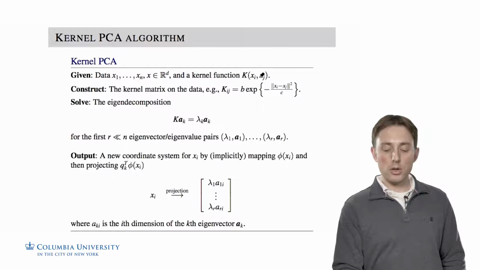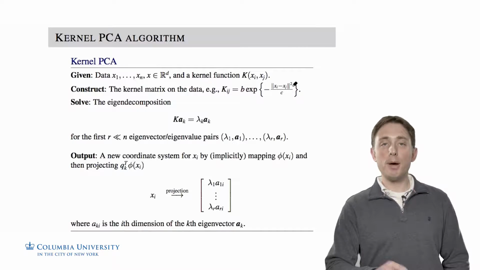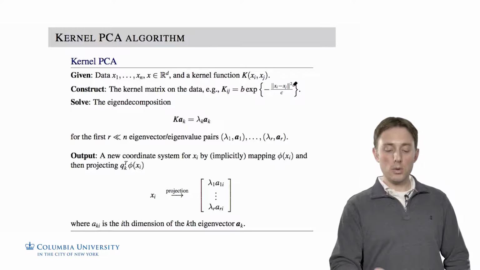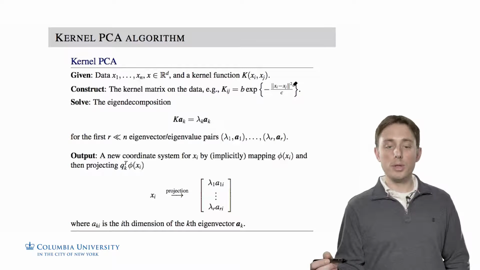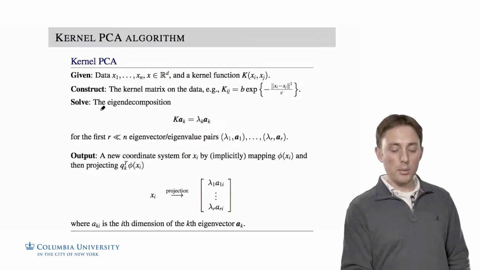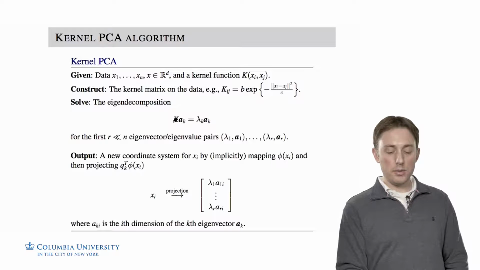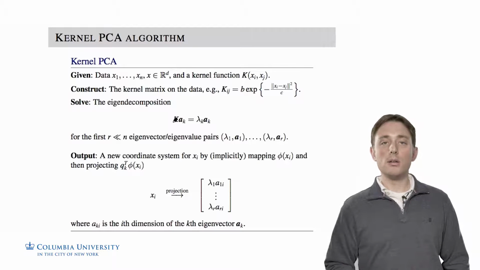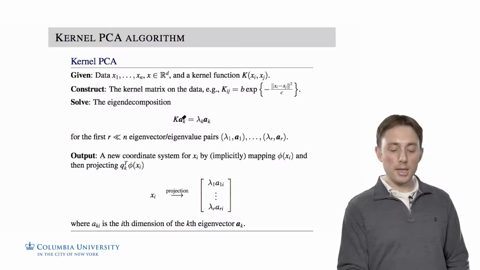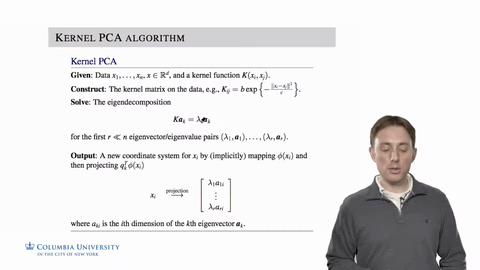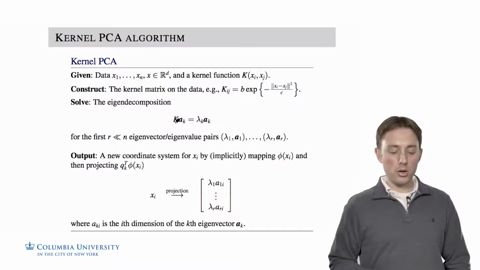We construct this kernel matrix on our data, an n by n matrix, so it's pairwise between all of our data points. And then we solve this eigendecomposition by calling the function built into our program, whatever programming language we're using, to get the eigenvector and the eigenvalue for that kernel matrix.